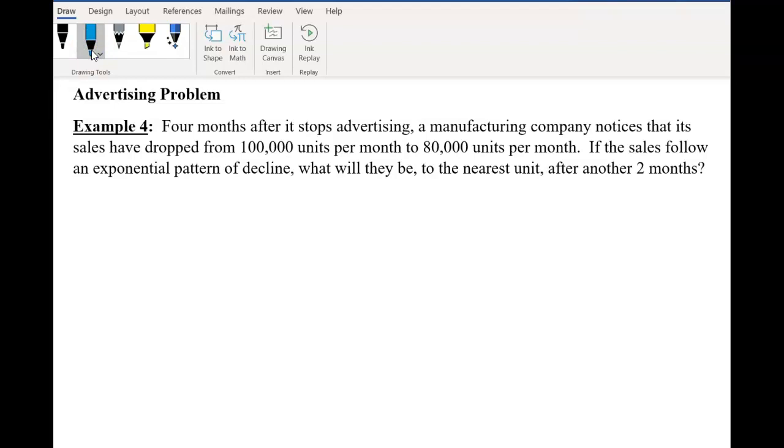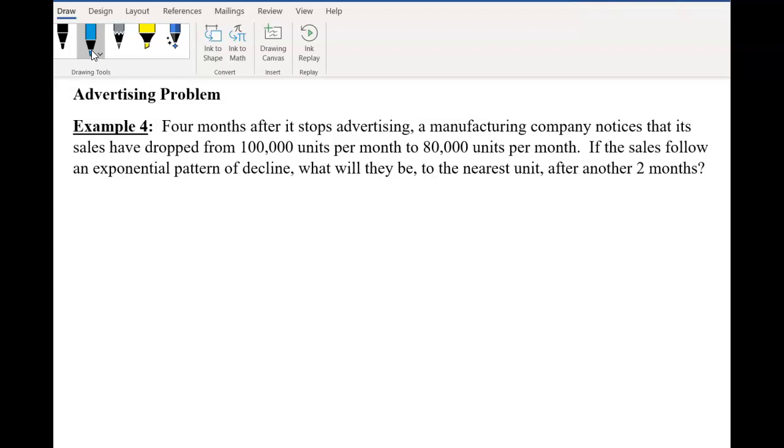After it stops advertising, a manufacturing company notices that its sales have dropped from 100,000 units per month to 80,000 units per month. If the sales follow an exponential, aka C e to the kt, pattern of decline, aka decay, what will they be to the nearest unit after another 2 months?